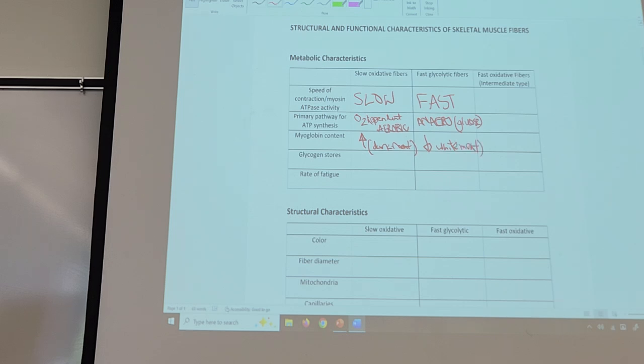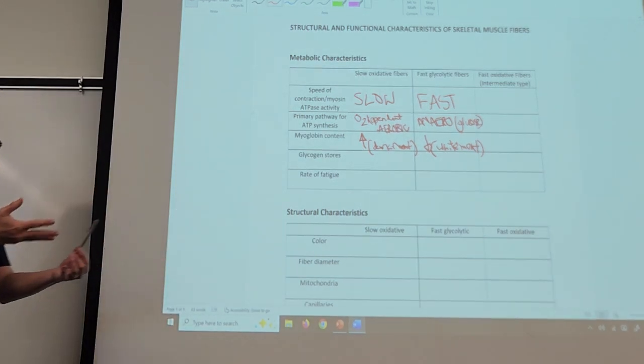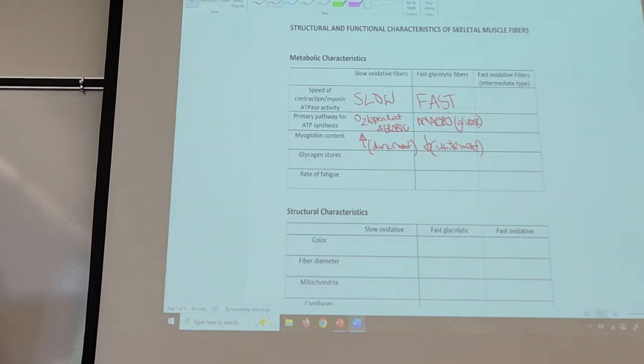So myoglobin gives color to the tissue, gives color to the fiber, okay? So dark meat, for example, dark meat chicken, is going to have a higher myoglobin content than, for example, the breast meat, okay, which is whiter in color. That's all based on the amount of myoglobin that those muscle fibers need, okay?